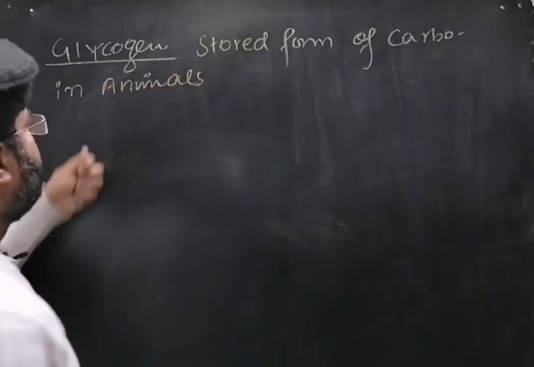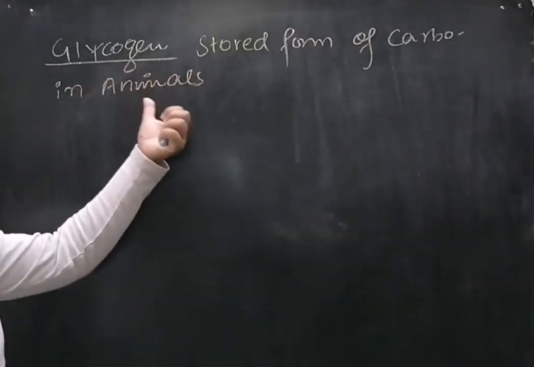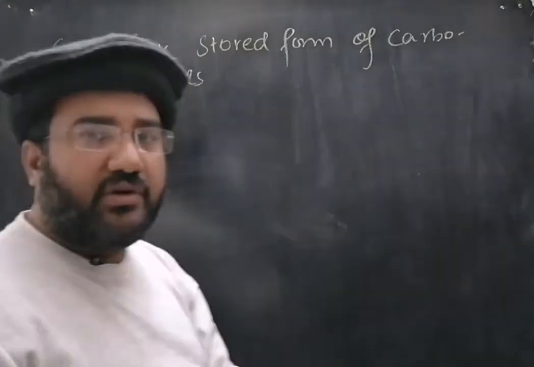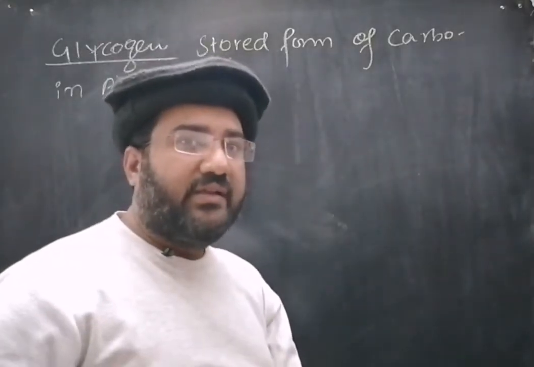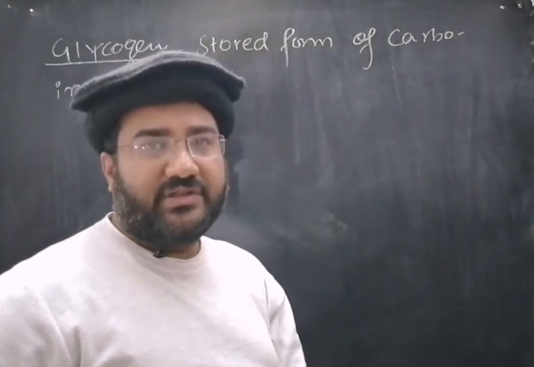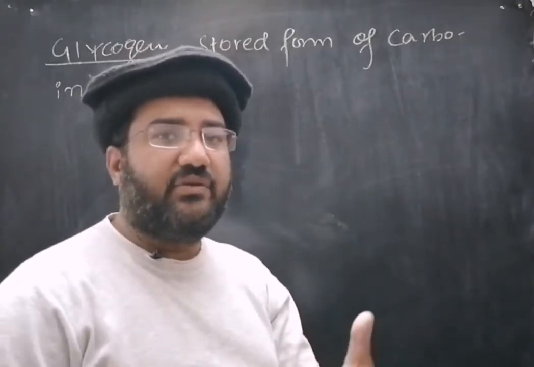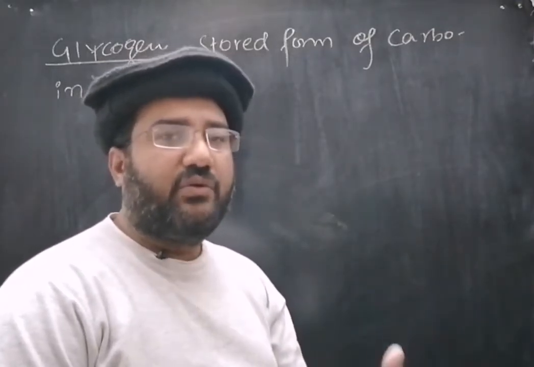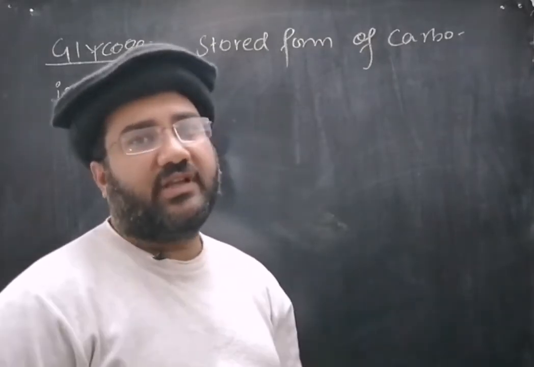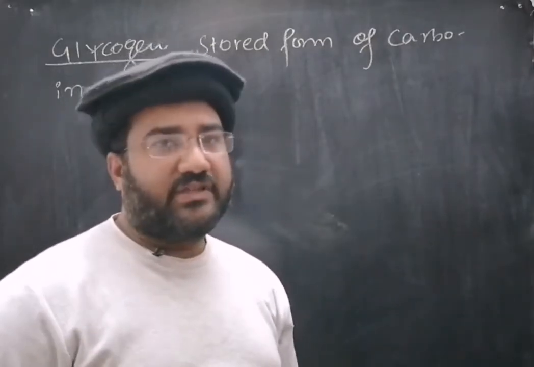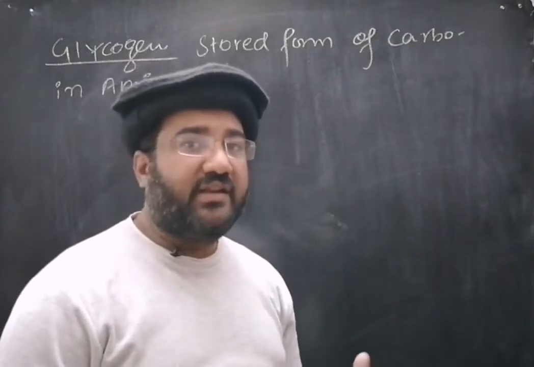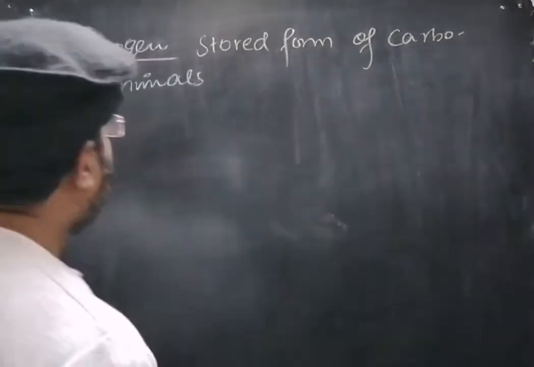It is basically the reserve form of energy for the animals. So animals store carbohydrates in their body in the form of glycogen, and when it is needed, that glycogen is hydrolyzed into glucose, and glucose is then used for energy purposes in the body of the animals.